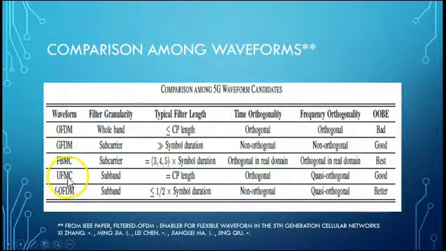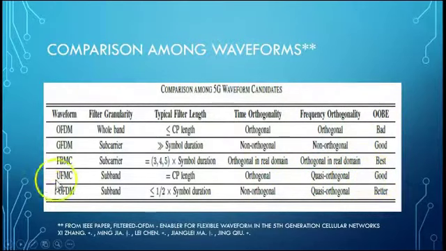There is the universally filtered multicarrier waveform, in which case the filter granularity is subband, and this has the shortest filter length, equal to the CP length. These are orthogonal in the time domain and quasi orthogonal in the frequency domain, and the out of band emission is good.